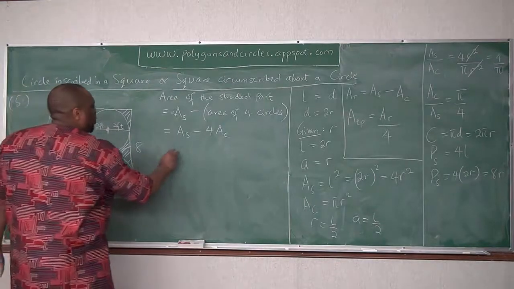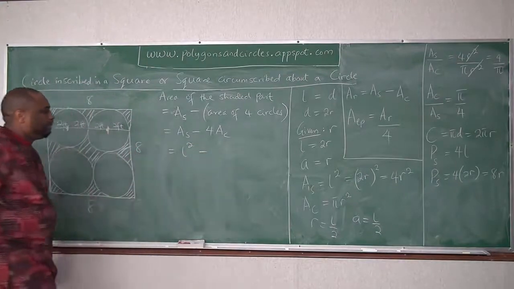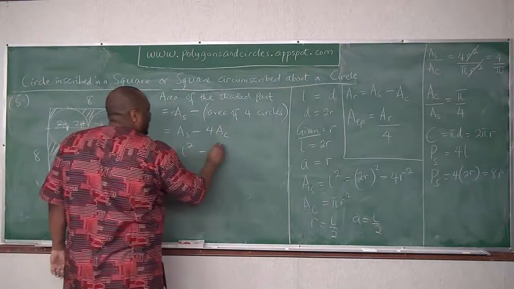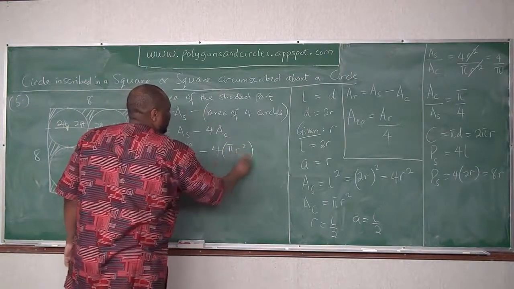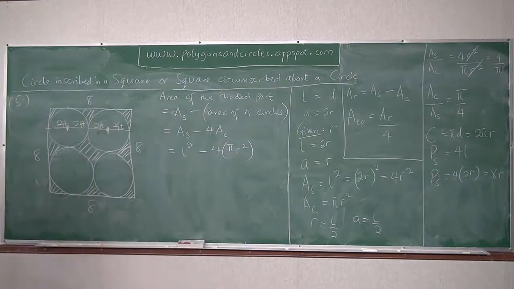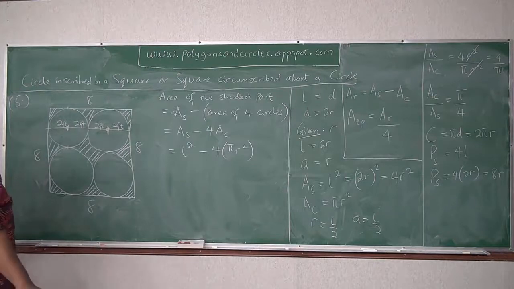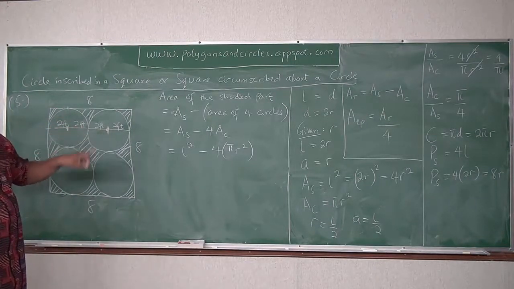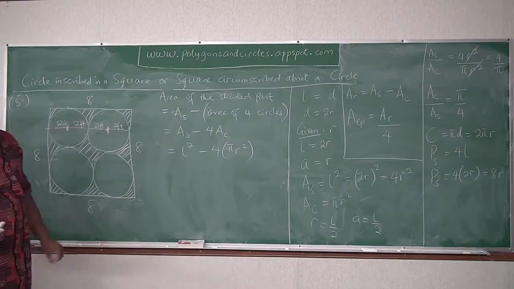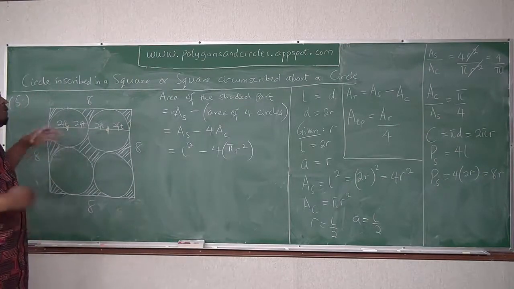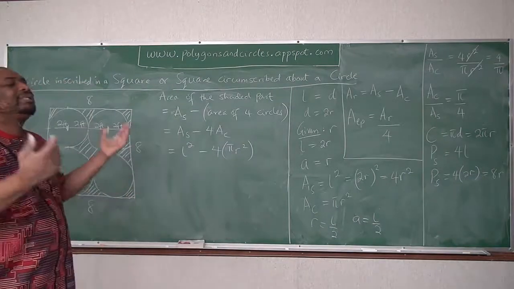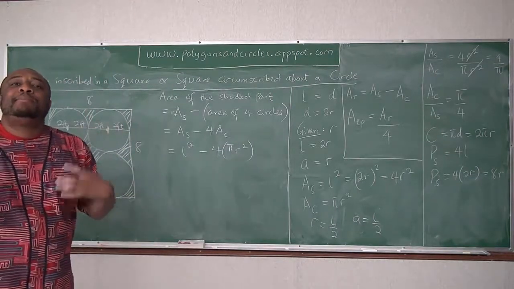So this is L squared, the length of the square, minus 4 times pi r squared. The side length of the square is 8, and the radius of each circle is 2. These are 4 congruent circles, circles that have the same radii.